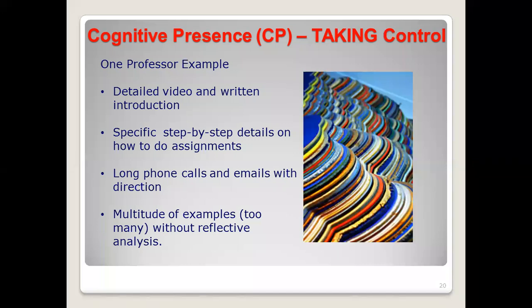This is an example of a professor that Steve and I like to use, who's all about taking control. When you see this type of teacher or professor who applies these types of activities, that can be very tedious for students, turn off students, and it gives students the feeling that they are not in control at all, and it's very rigid.